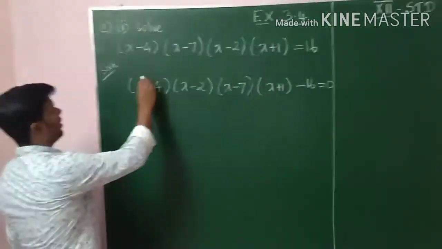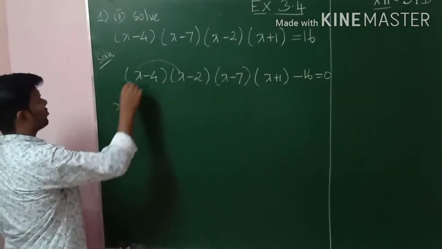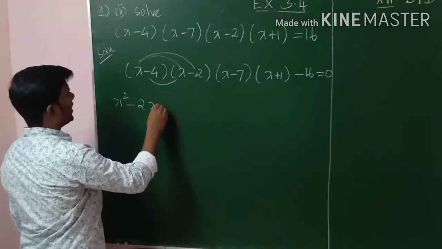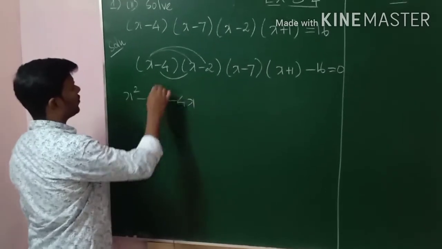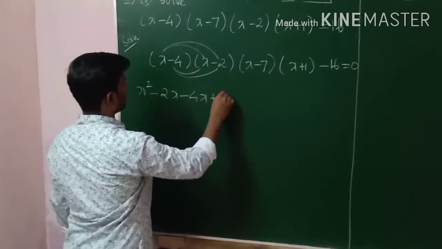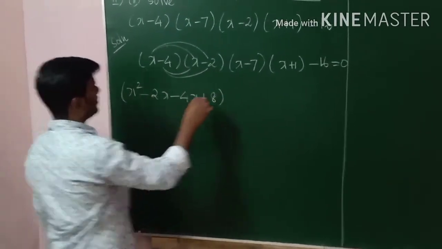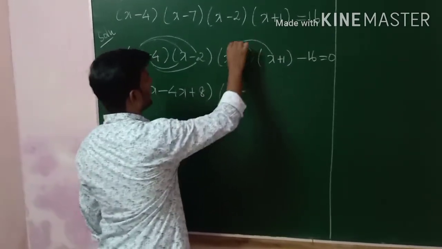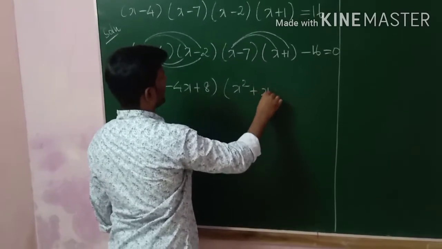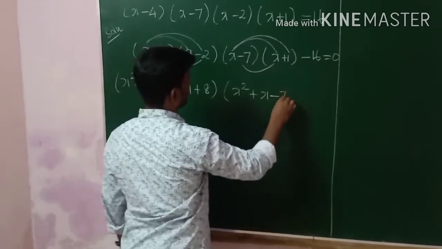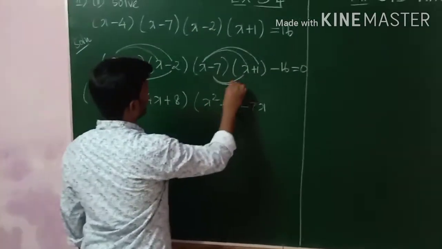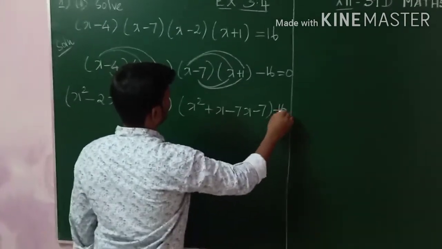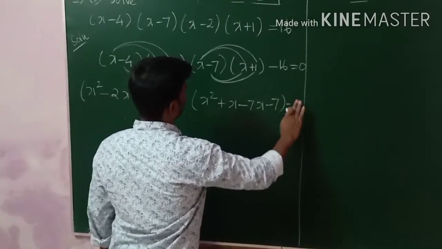Now if you multiply x into x, x square, x into minus 2, minus 2x, minus 4 into x, minus 4x, minus into minus plus, 4 2s are 8. And next x into x, x square, x into 1, x, minus 7 into x, minus 7x, minus into plus, minus 7 1s are 7, minus 16 equal to 0.